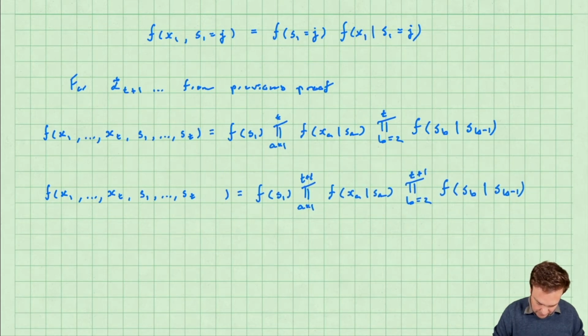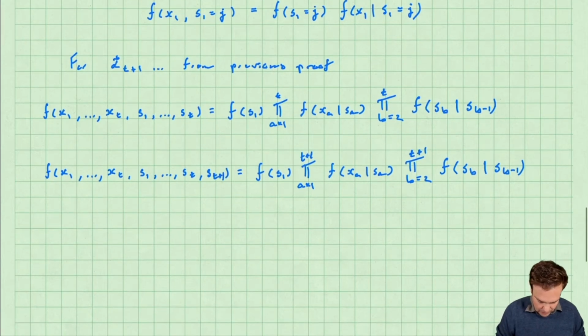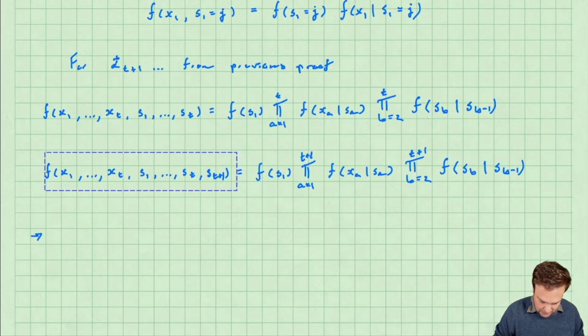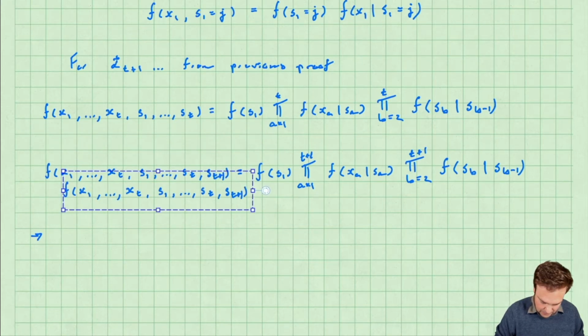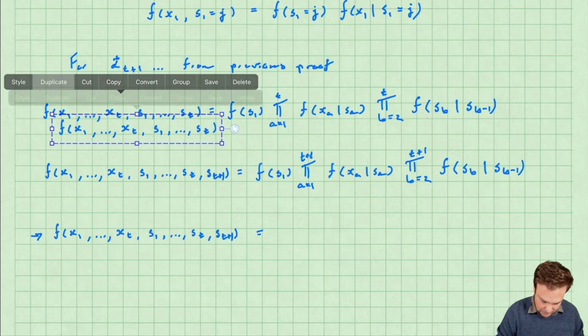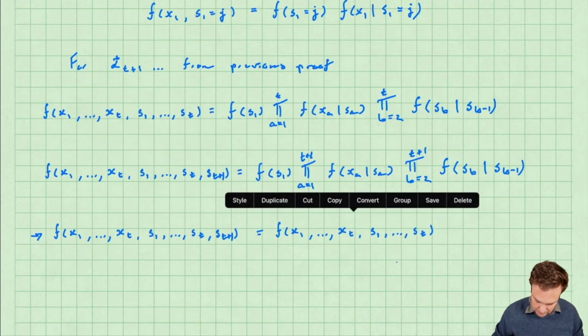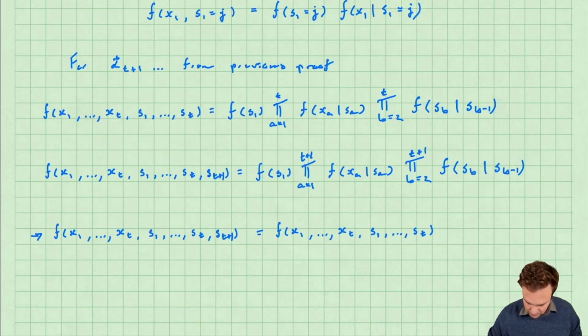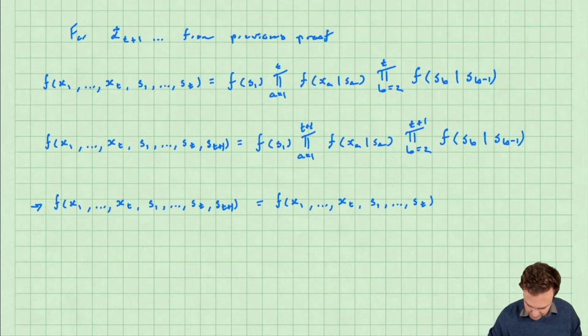And on the left-hand side, we've got t plus 1. What this tells you is that this quantity is equal to the one before, but multiplied by these 2 extra terms.